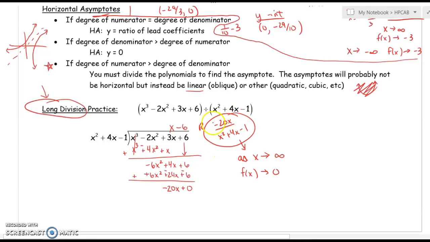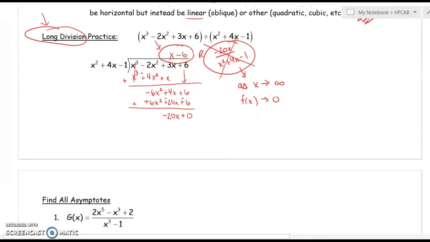It's not going to have a lot of bearing on what the actual horizontal, oblique, or quadratic asymptote might be. So a lot of times you're going to divide, and then this will be your horizontal asymptote or your oblique, and you'll ignore the remainder, which is kind of nice. So that's just a heads up. You'll see what I'm talking about when we get to these problems on the next page.